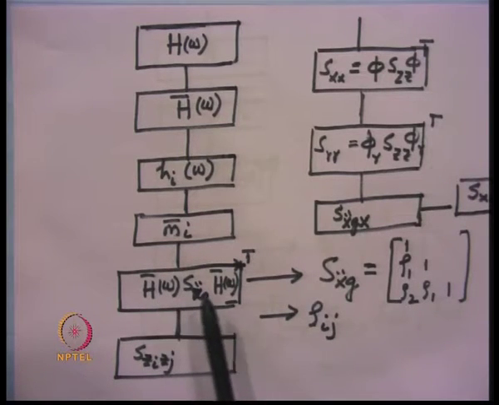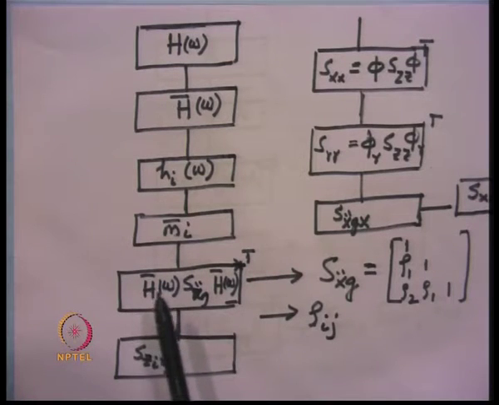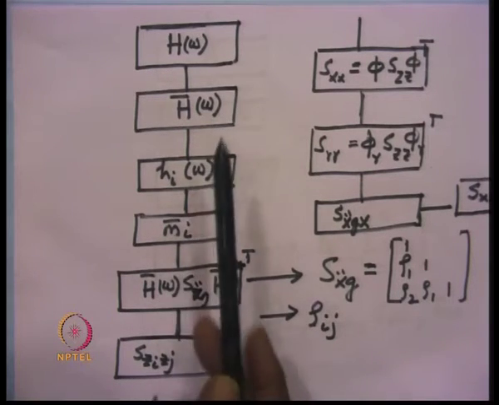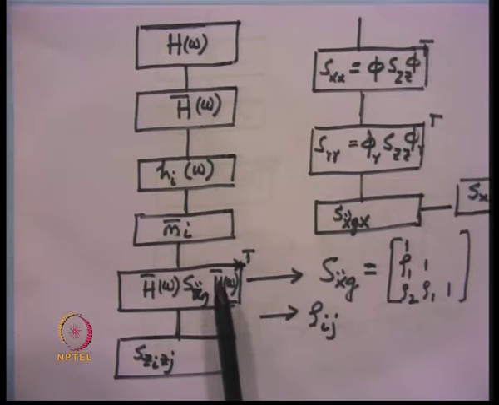The first kind of analysis is the direct spectral analysis, where H bar omega is the complex frequency response function matrix for the degrees of freedom which are of interest, that is we use the reduced complex frequency response function matrix.